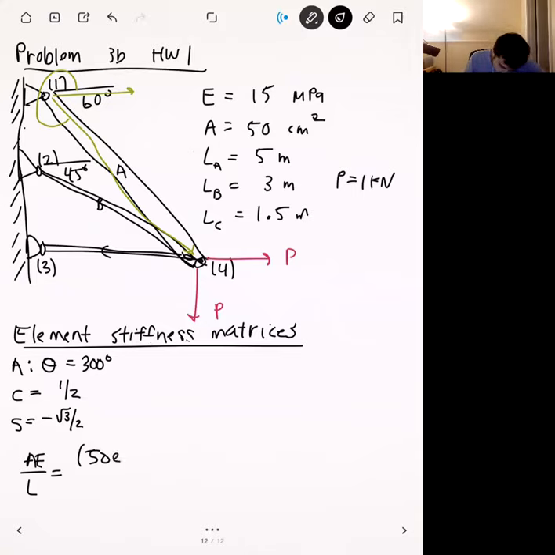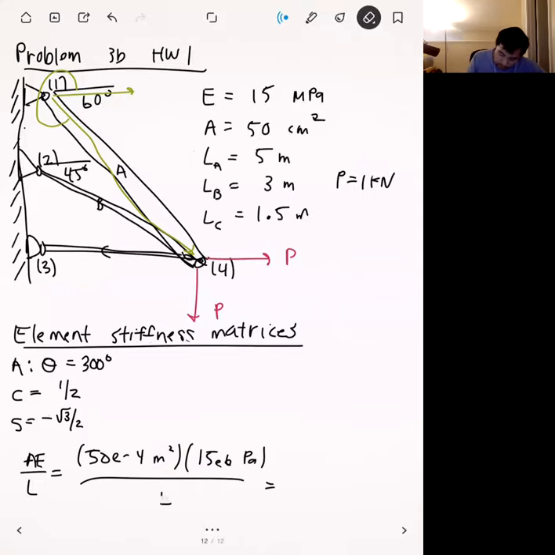This is going to be 50E minus 4 meters square, times the Young's modulus, which is 15 megapascal, so 15E6 Pascal, divided by L, where L here is 5 for element A. We punch all these into the calculator, and what we get is 25,000.